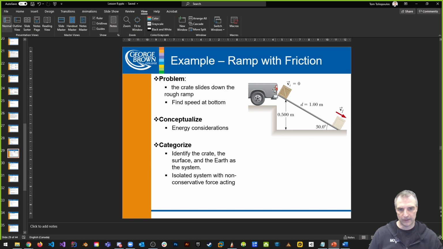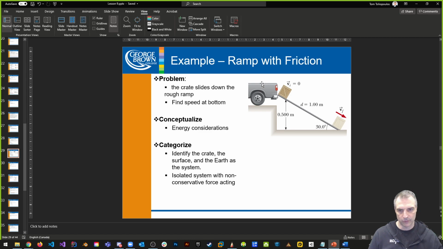The crate leaves a ramp, right? It has an initial velocity of 0, and then it's going to have some kind of final velocity. The ramp is going to have an angle, and it's going to have a rise or a height, right? Can we use energy of a system and the idea of conservation of energy to figure out its final velocity, right?